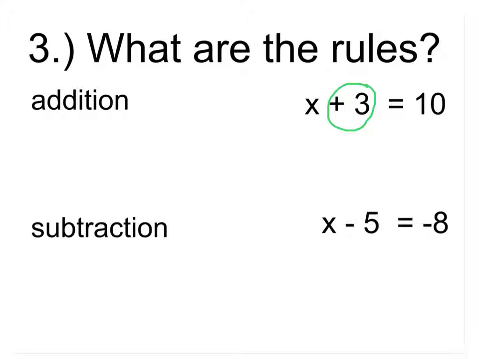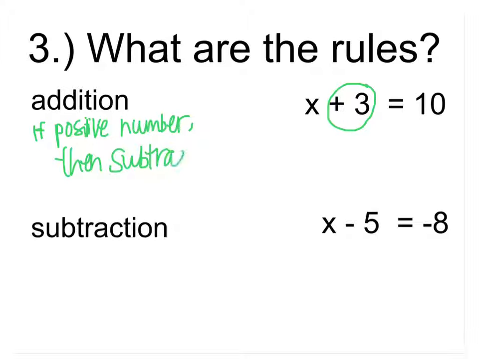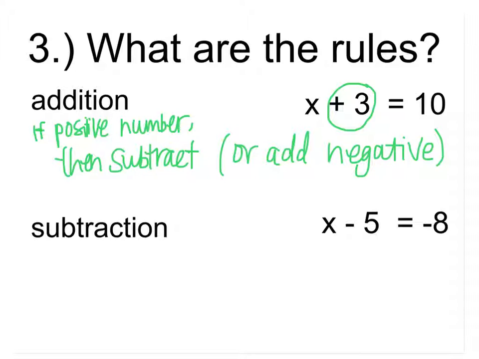Okay, so if we have a plus sign in front of the number, so if there is a positive number, then we're going to subtract or add a negative version. And that's how we're going to get x alone.